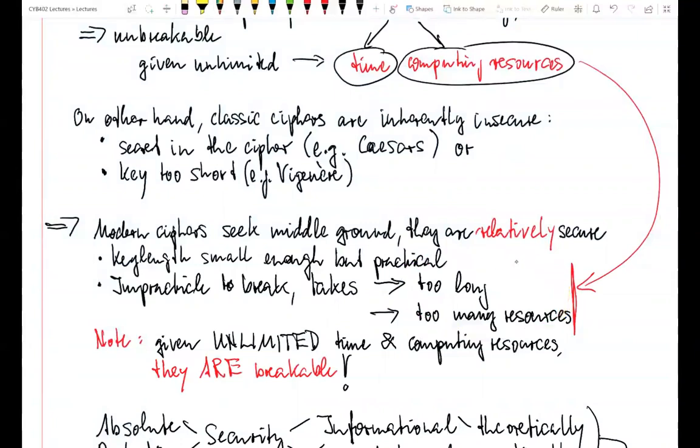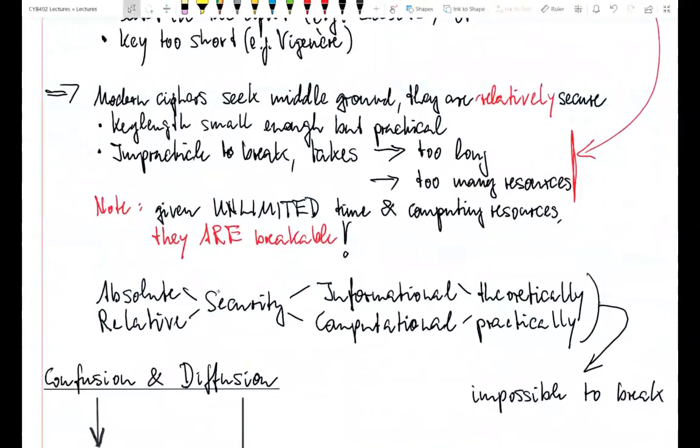Modern ciphers actually rely on the impracticability of breaking the cipher, which means, if you look in the other direction, that if you have unlimited time and unlimited computing resources, we have to say that modern ciphers are breakable.